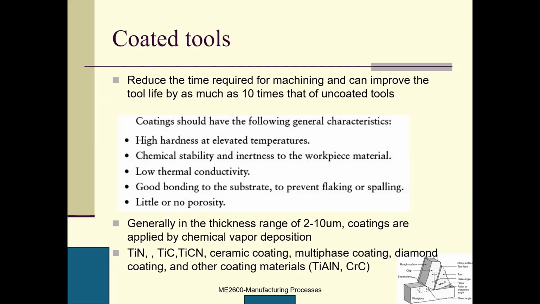Little or no porosity. Porosity is also bad. Generally, in the thickness range of 2 to 10 micron, the coatings are applied by chemical vapor deposition. This is called CVD. Another one is PVD, which stands for physical vapor deposition. The SLU physics department has the CVD.